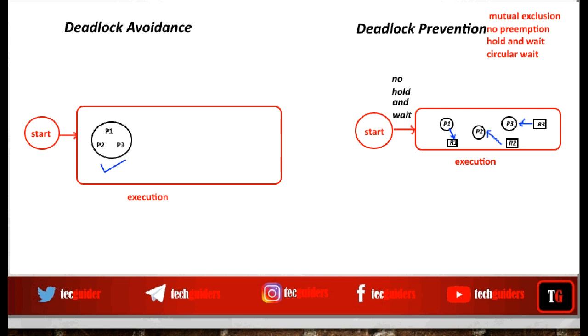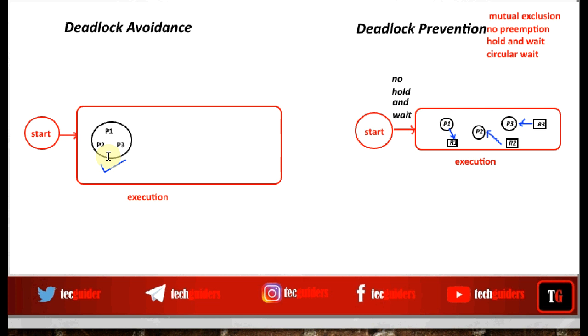A safe state is a state in which deadlock will not occur. In a safe state, deadlock will not occur. So in the very beginning, we can consider our system to be in a safe state where deadlock will not occur. Now the processes start their execution.